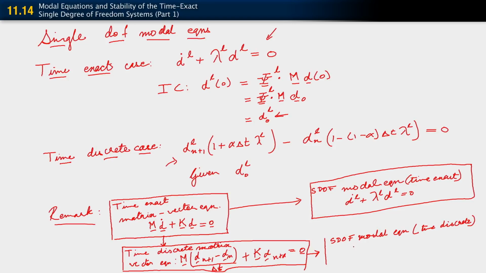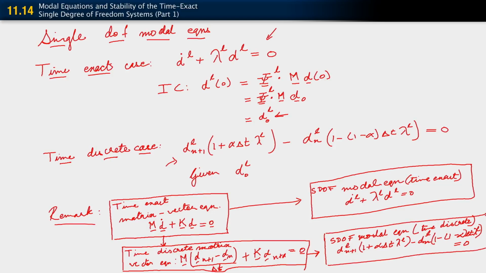Which takes on the form that we've written just above here, dL n plus 1 times 1 plus alpha delta t lambda L minus dL n times 1 minus alpha delta t lambda L equals 0. Okay, that's where we are.